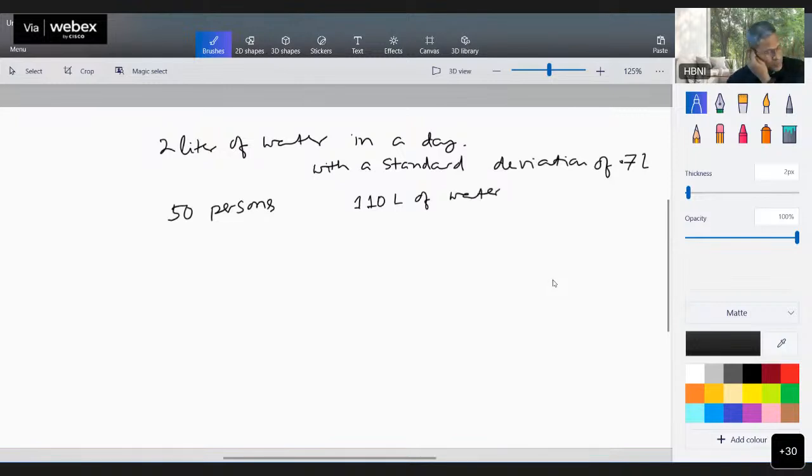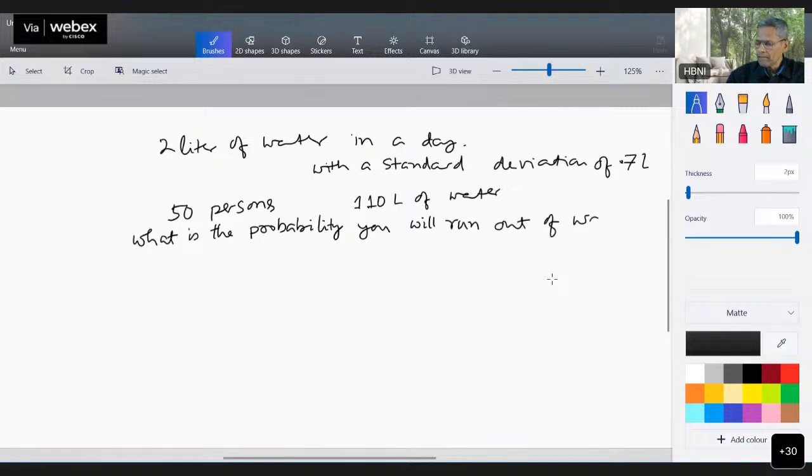So now you are asked to calculate what is the probability you will run out of water. So how do you go about it?